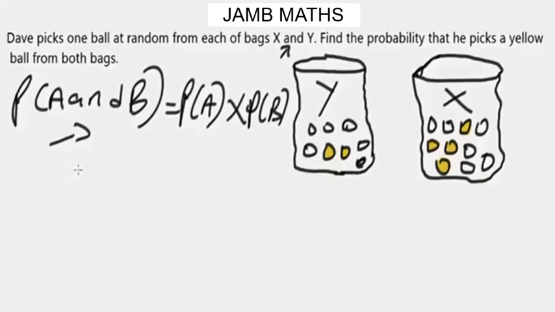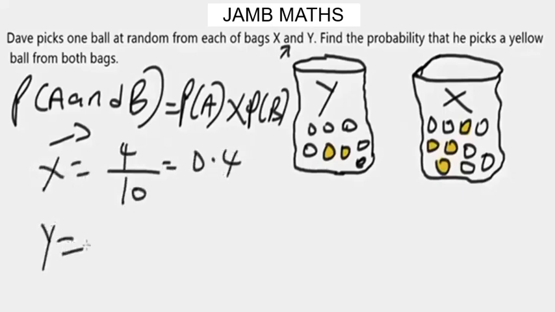The probability of Dave picking a yellow ball from bag X: how many total balls do we have in bag X? We have 10. How many yellow balls are there? We have 4. So the probability is 4 over 10, which gives you 0.4. This is for bag X.